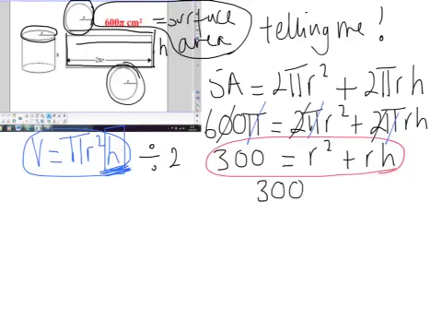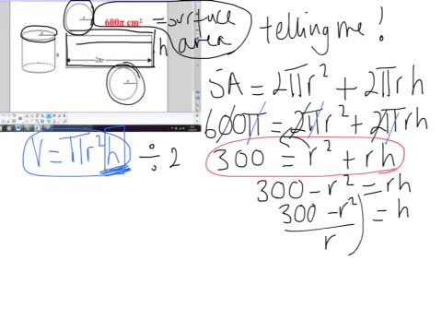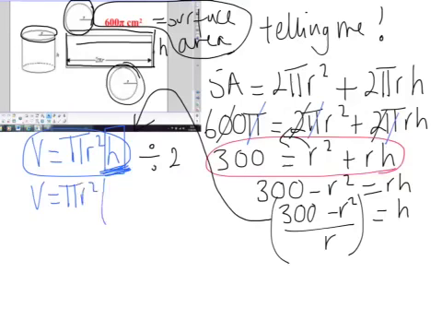So 300 minus r squared equals rh. I've just moved it over the other side. And therefore h is 300 minus r squared, over r. And therefore it's just simultaneous equations. I'm going to substitute that into here and see what I end up with. So volume equals pi r squared times h, which is 300 minus r squared over r.